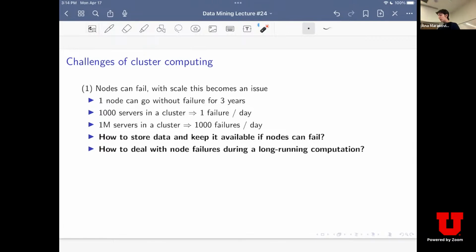So if we have a problem of having 1,000 failures a day, which is a big problem, then these two questions emerge: how to store the data and keep it available if nodes can fail, and how to deal with node failures during a long-running computation. The first question is relevant because if you're storing your data on one node, if you can even fit it on one node, what happens if that node fails?